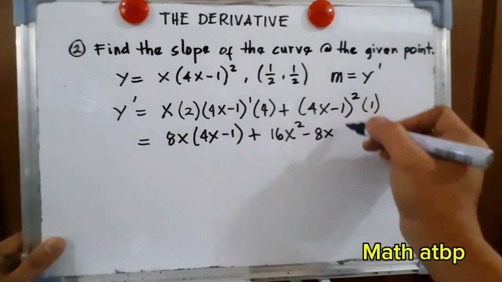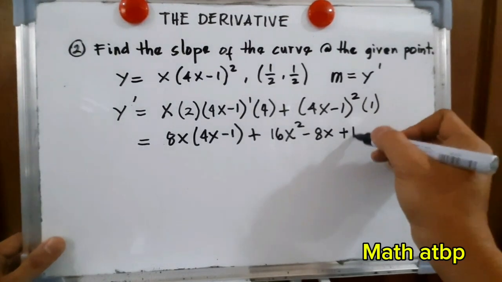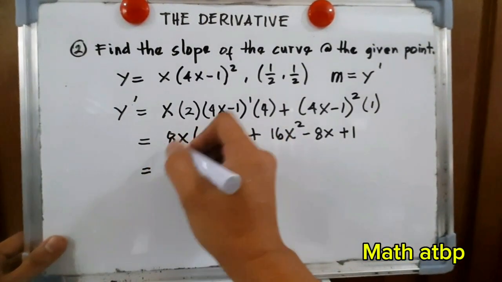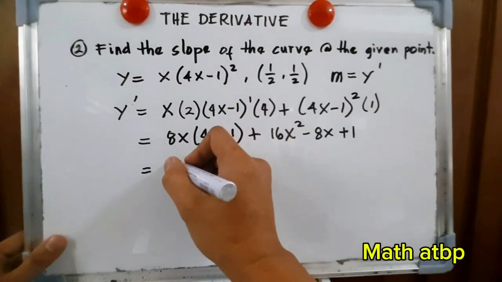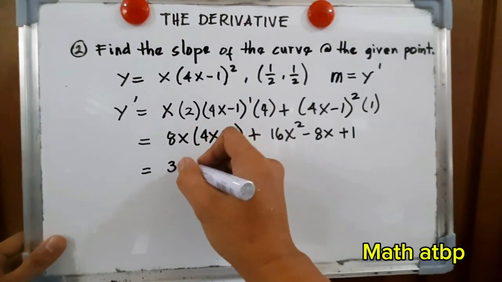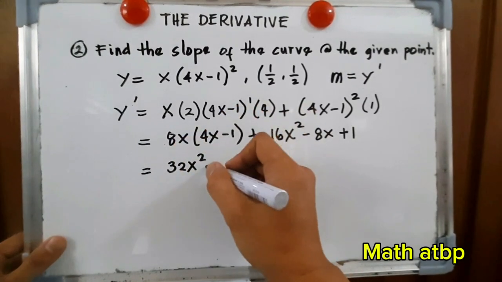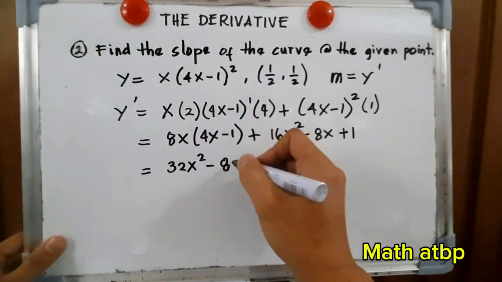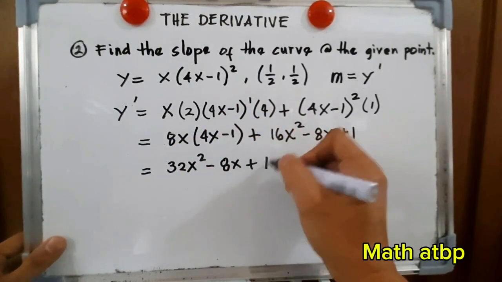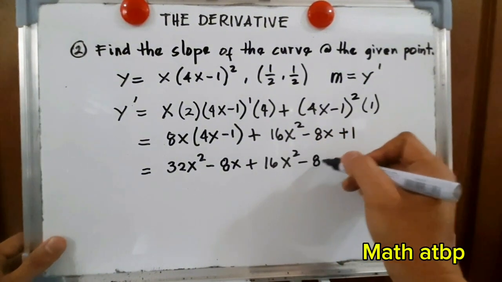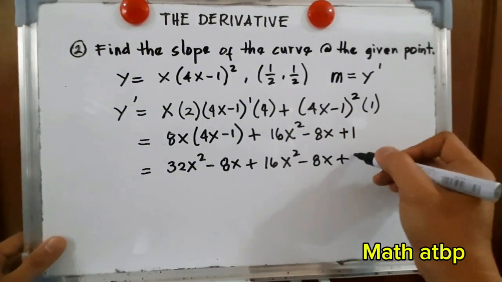Negative 1 times negative 1 is positive 1. So we have here, let us distribute this time. We have 8 times 4 is 32x squared. 8x times negative 1 is negative 8x, plus 16x squared minus 8x plus 1.